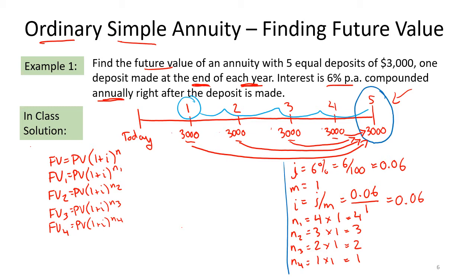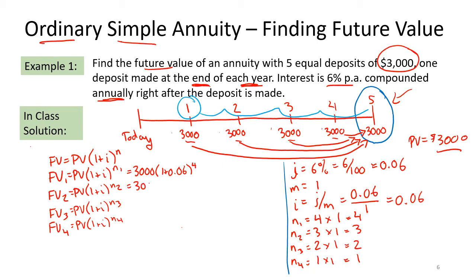Okay, so now we have all these values. The last value I haven't listed here is actually the present value. And for each of these cases, the present value was $3,000, right? That was the amount provided in the question. So I'm going to substitute all these values in. So we have 3,000 times 1 plus 0.06, and for this first deposit, that's the exponent 4.